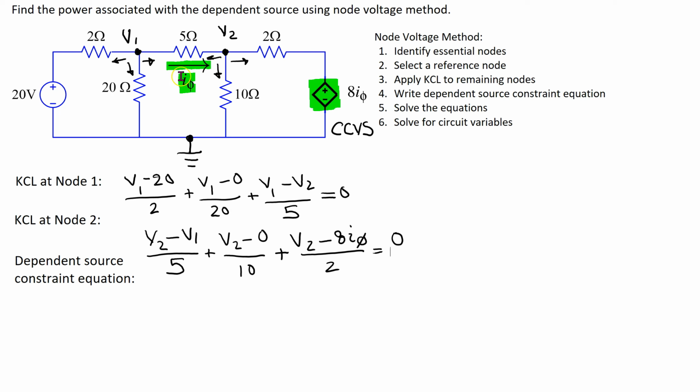The direction of I phi is given, so we apply Ohm's law to the 5 ohm resistor, and we can write the constraint equation as I phi equals V1 minus V2 over 5. Hence, we have three circuit equations and three unknown variables, V1, V2, and I phi, and we can solve these equations to get the solution.